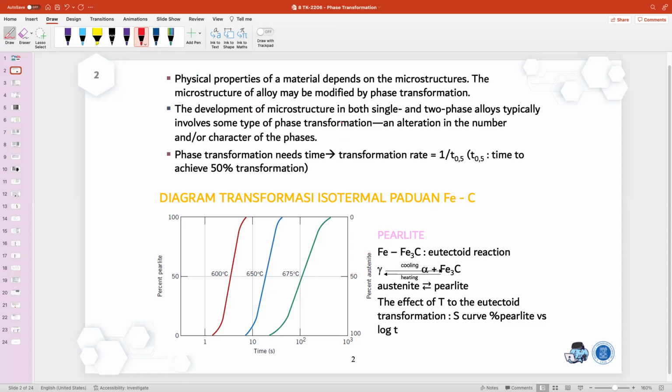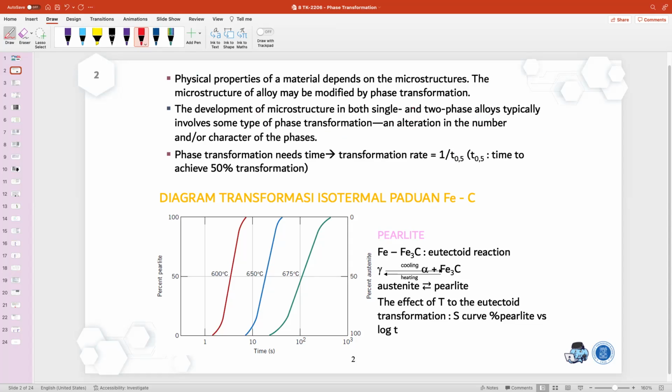Okay, so the process when they start to transform from one phase to another phase because of those equilibrium conditions is called phase transformation. Of course, phase transformation needs time, and this is called the transformation rate.